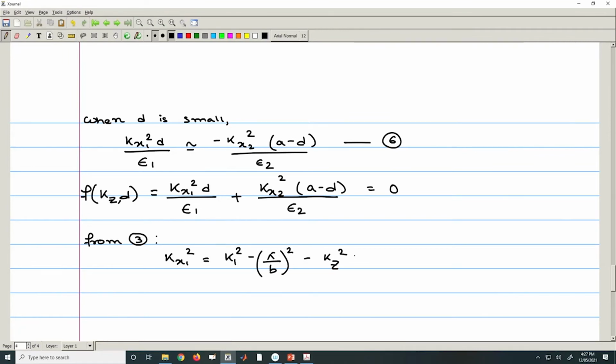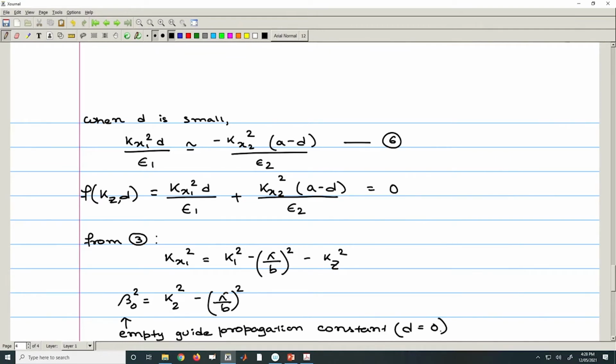Also, in the given question, it is given that beta naught square is equal to k2 square minus (pi by b) square, where this beta naught is known as the empty guide propagation constant, and the condition is for d equals 0. So, we can write (pi by b) square as k2 square minus beta naught square.